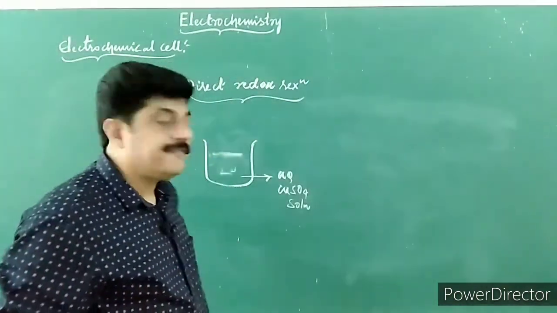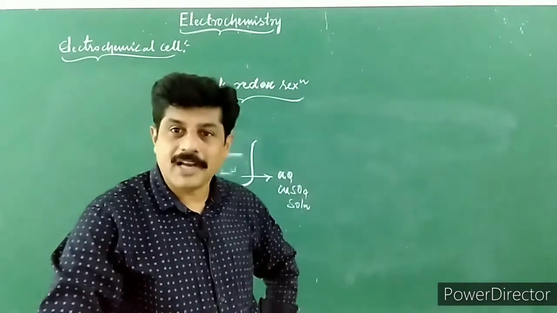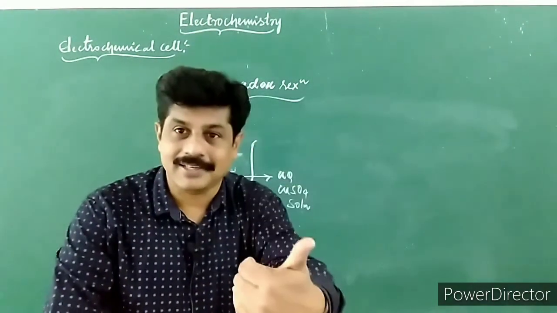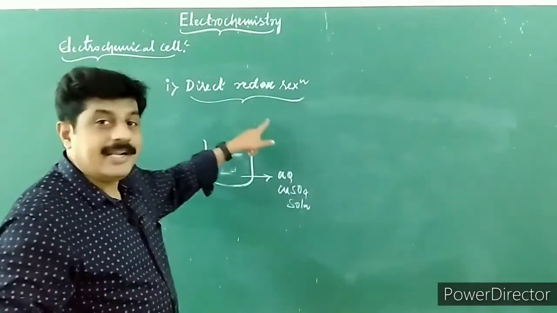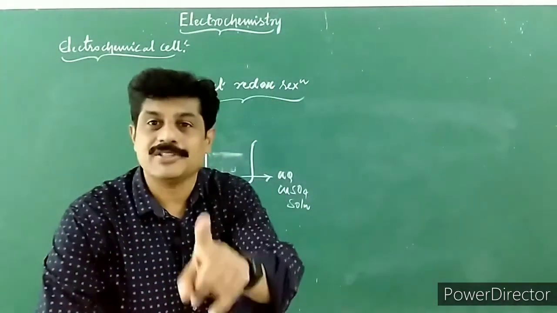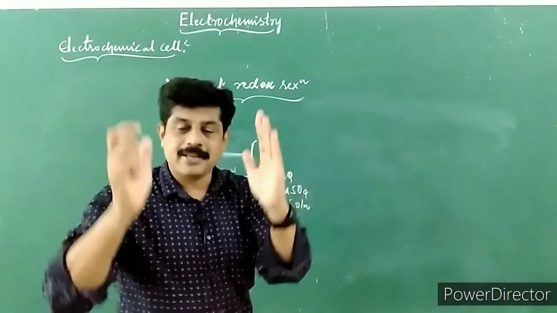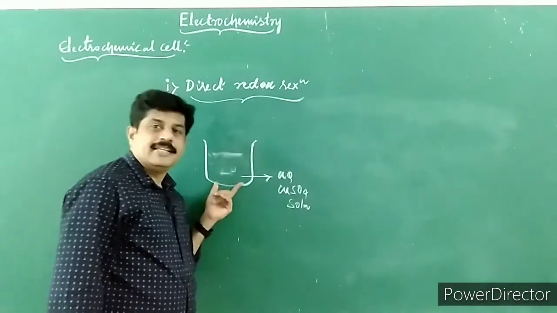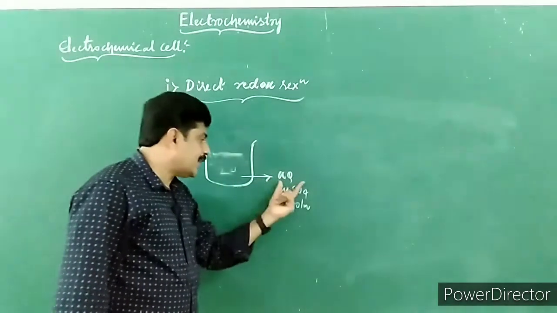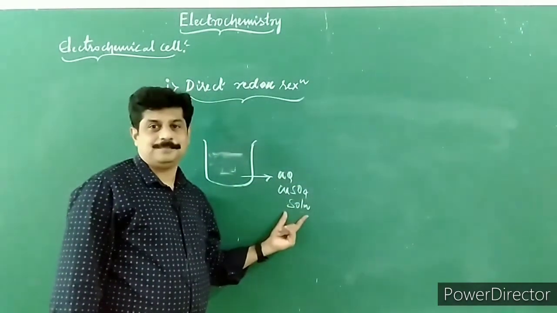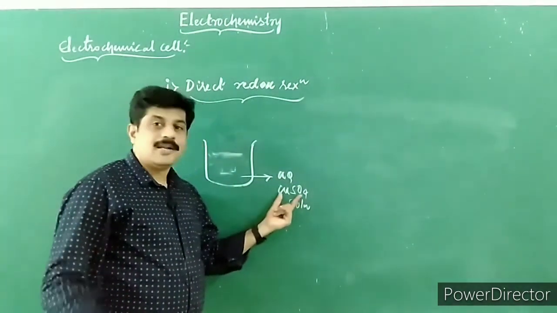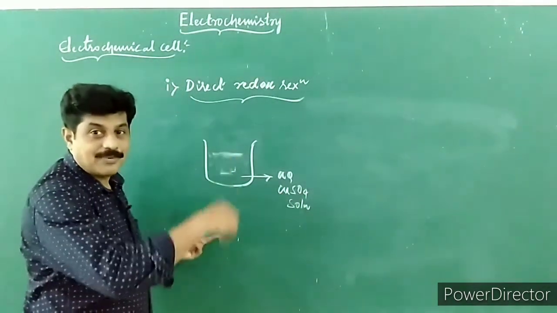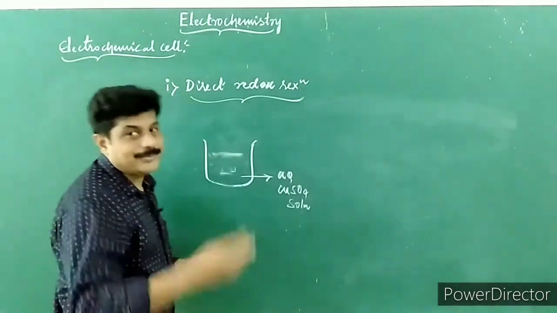Children, let me take up the first type of redox reaction, that is direct redox reaction. As I said earlier, in this type of direct redox reaction, both oxidation and reduction take place in the same container. Let us suppose we have taken a beaker filled with aqueous copper sulfate solution. Children, you know that copper sulfate, being an electrolyte, undergoes dissociation in water to give respective ions.